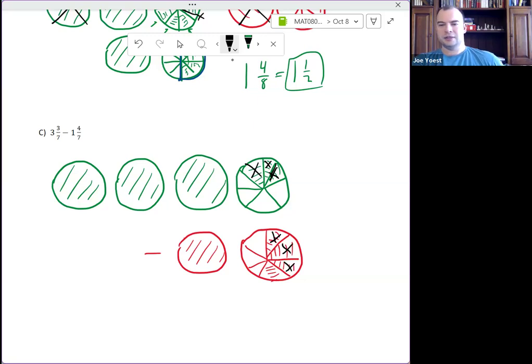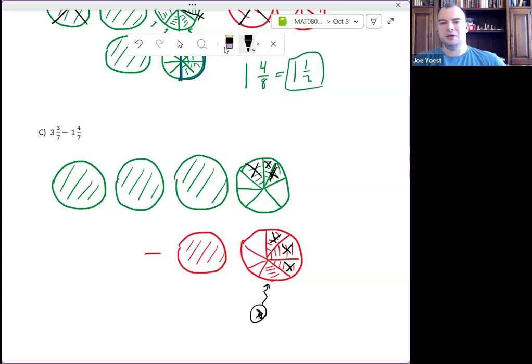But here, I've run out of green 1/7 slices that I have in my possession, and I still owe a 1/7 slice. I still need another green 1/7 slice to cancel out that remaining red one. So what should I do?